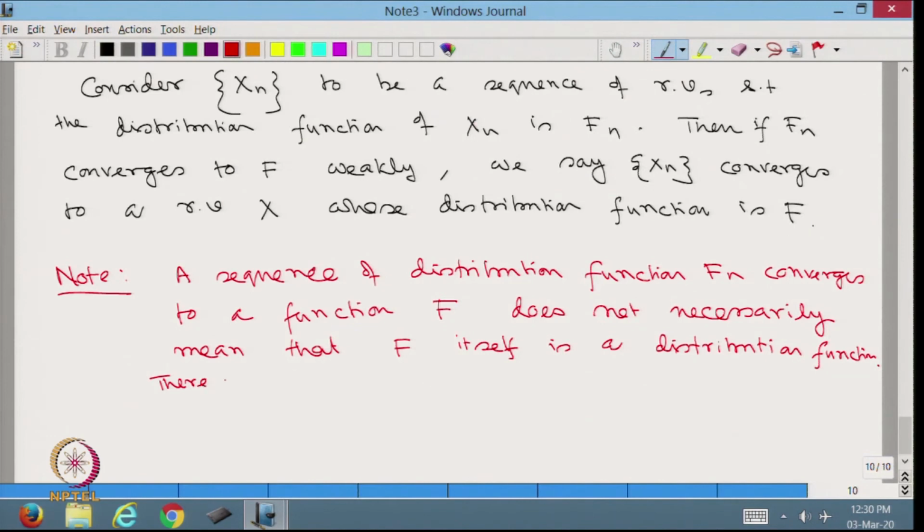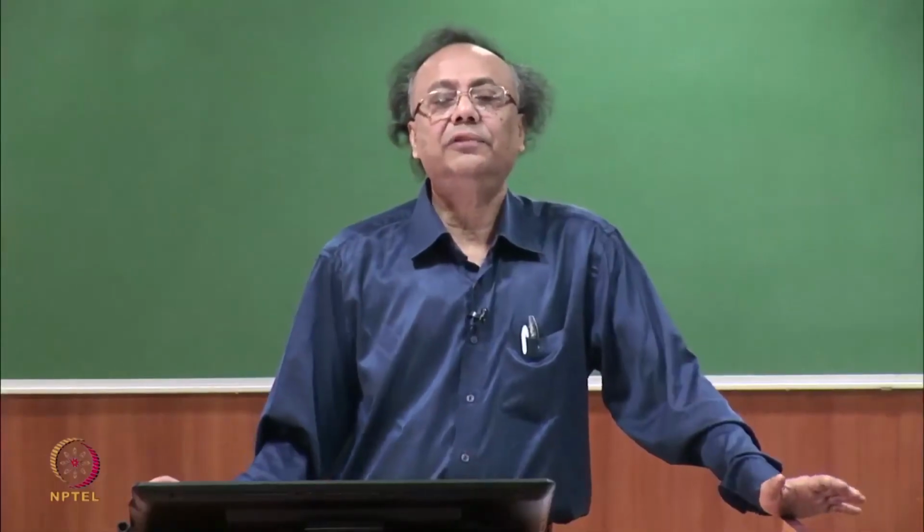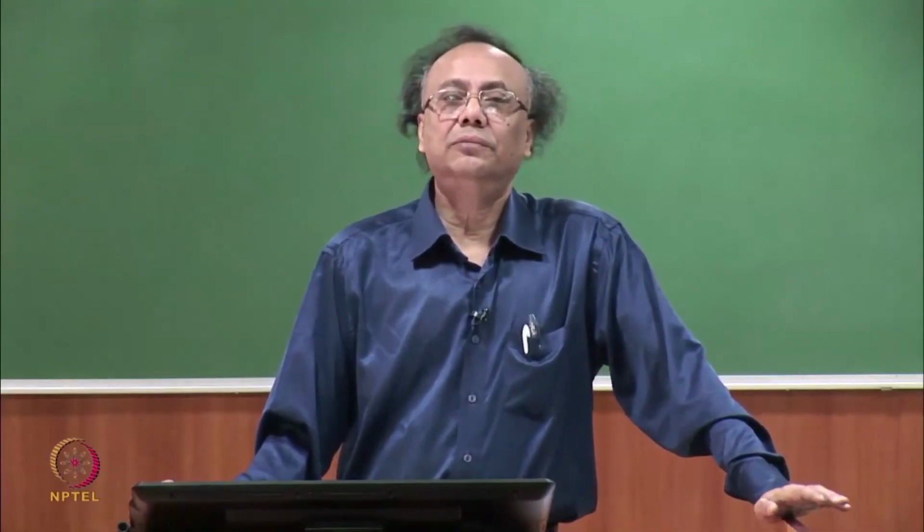Therefore, in such a case, even though Fn converges to F, we cannot say Xn converges to some random variable X. So, this is one point that you have to understand. I shall give you examples, so that this is going to be clear to you.